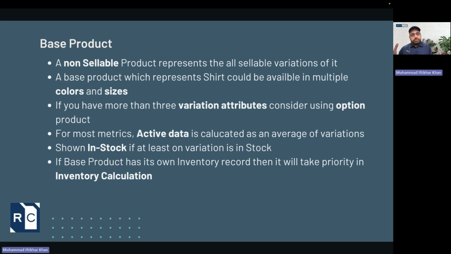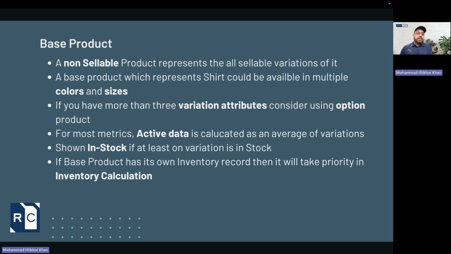But all other attributes, like the material of the shirt, the brand of the shirt, or whether it's stone wash or wash and wear, whatever. All these other attributes will be defined in the base level template of this base product.